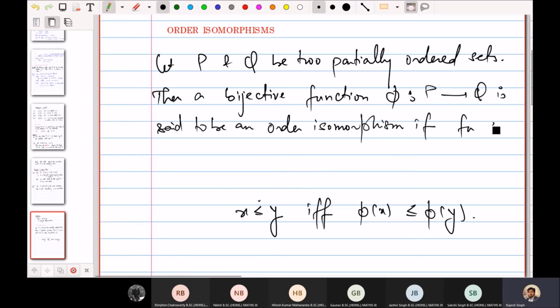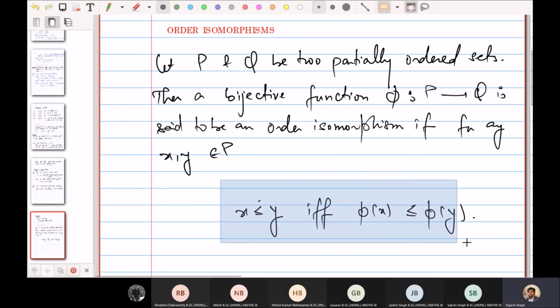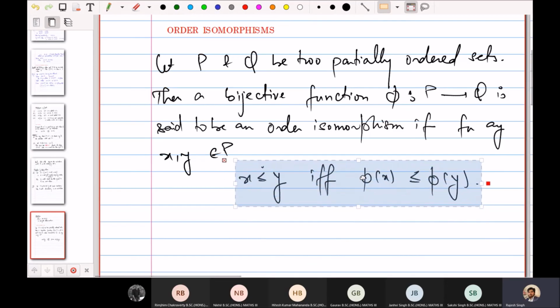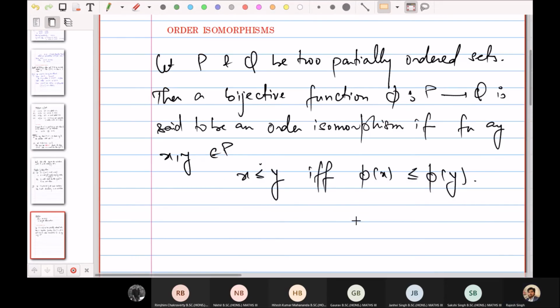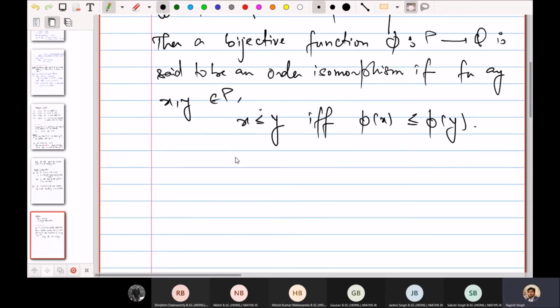If for any x, y belonging to P, x is related to y if and only if phi x is related to phi y. ठीक है. Is the definition clear? Fine. Yes, sir.